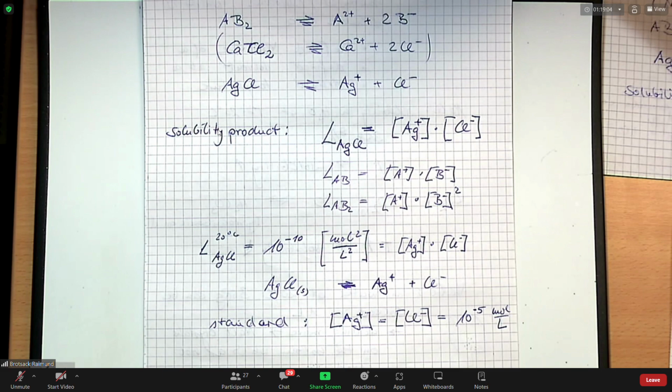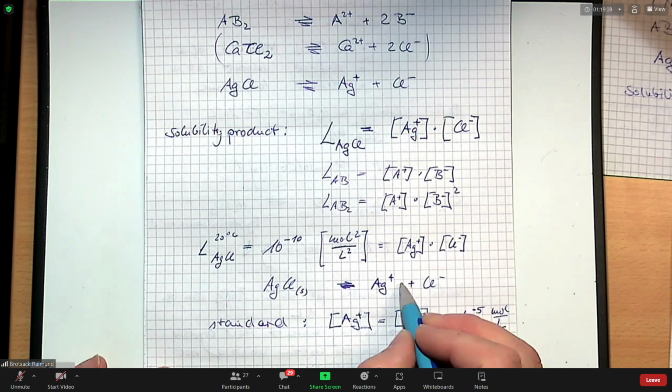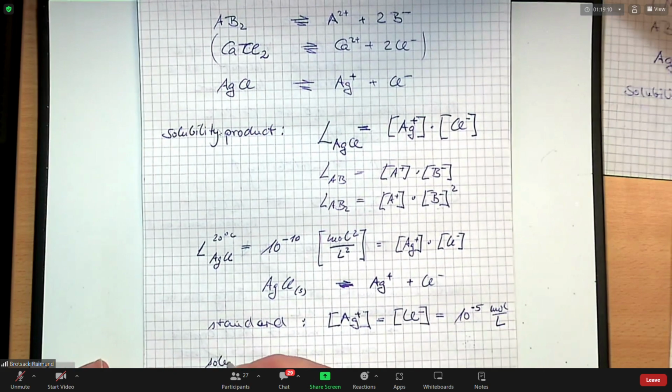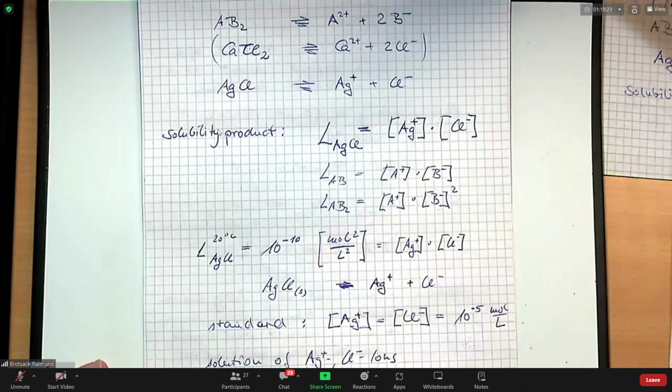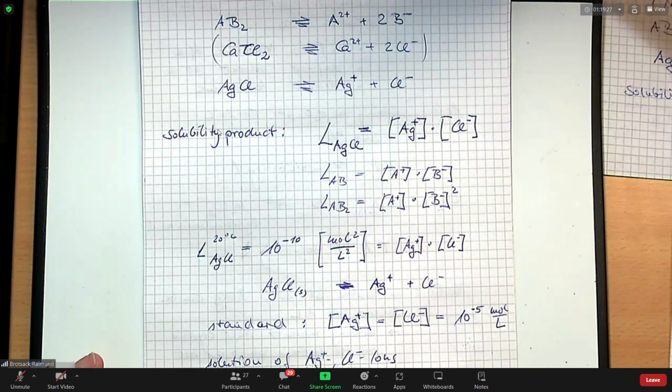Yes, we add chloride. For example, we have a solution of Ag plus and Cl minus ions. And now we add Cl minus ions.